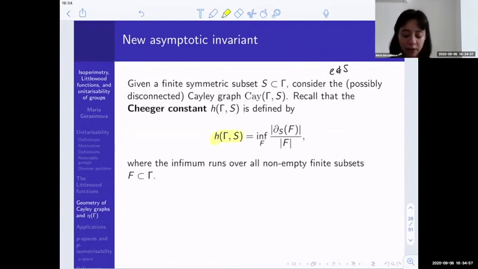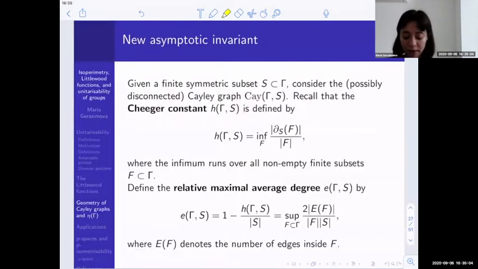But in my talk, I will be interested not exactly in the Kesten constant, but in something related to it. I will define E of gamma, S and call it the relative maximal average degree, where E of gamma, S is just 1 minus the Kesten constant divided by the number of elements in S. Or I can rewrite it as a supremum over all finite subsets F, where I take the number of edges inside F, multiply it by 2 and divide by the number of elements in F and the number of elements in S.